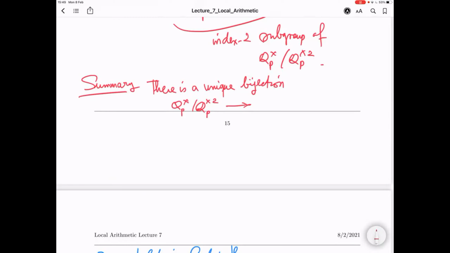let me put it this way, the Galois group of M over QP.